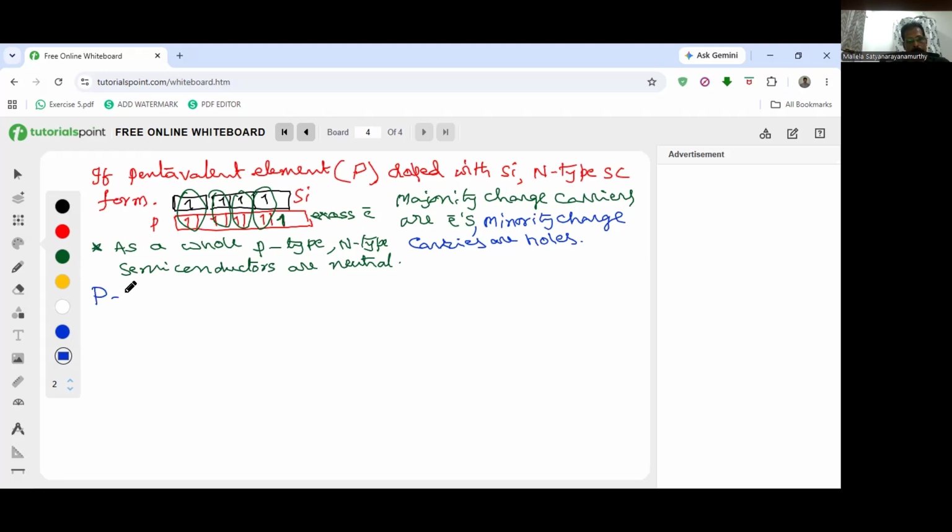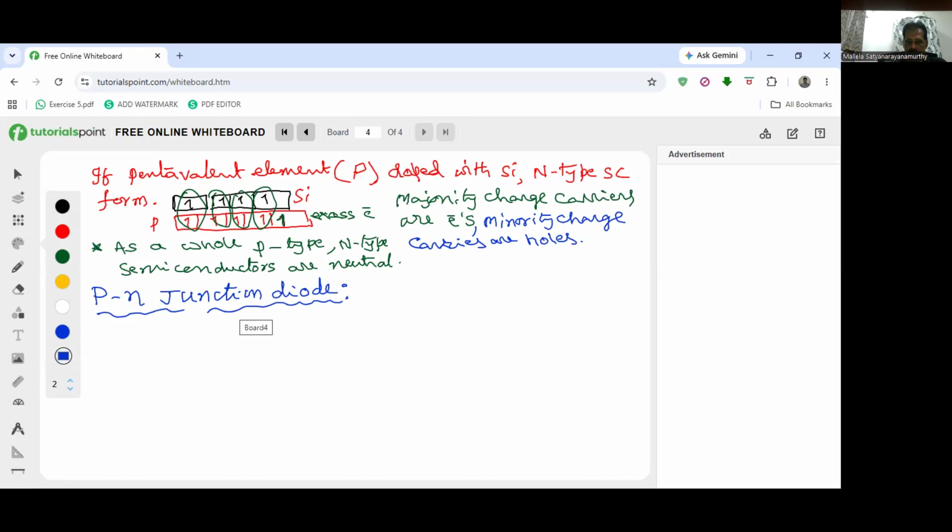Now, PN junction diode. What is meant by a PN junction diode? Very important. One question may come from the theory I taught so far, and one question will come from this PN junction diode.